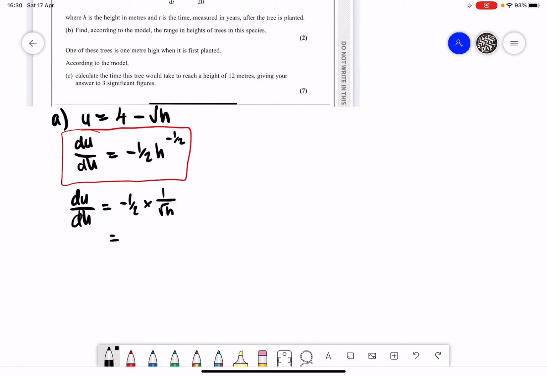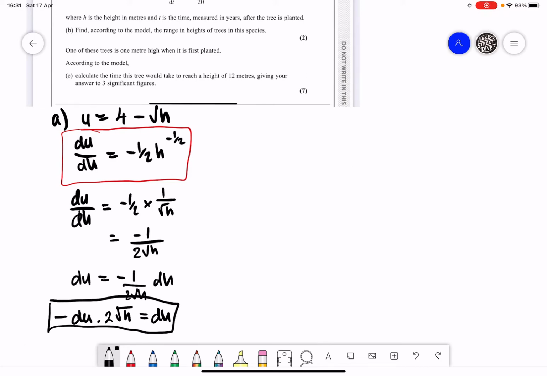In other words, that's minus 1 over 2 square root h. So du equals minus 1 over 2 square root h dh, or to put it another way, minus du times 2 square root of h equals dh, and that's the thing I need for later on.